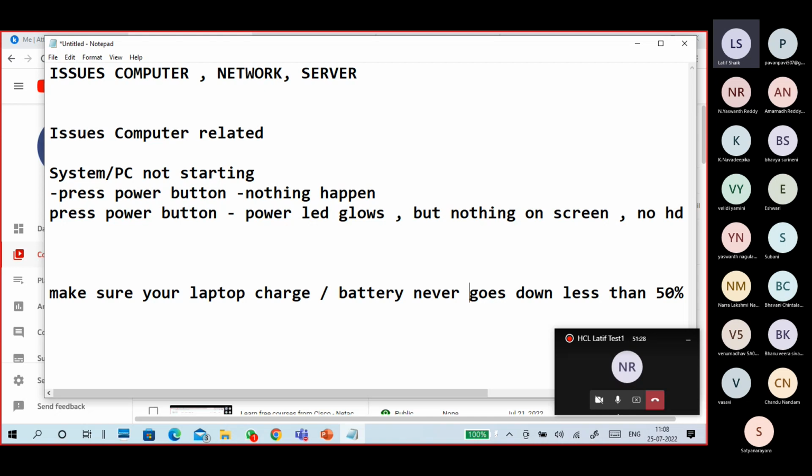Continued pushing happens only when you use a very high amp rating charger with a low level battery. For example, you have a 12 volt battery with 1 amp and you put a 5 amp charger, then there is a difference, right?